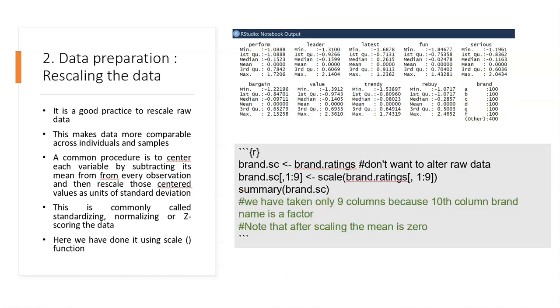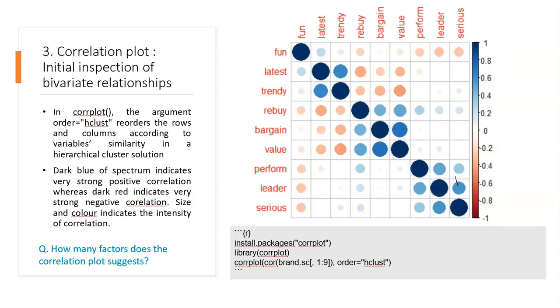Next is the correlation plot. Like I mentioned, principal component analysis does dimension reduction by looking for variables which are highly correlated. So it's wise to run a correlation plot and have this initial inspection of bivariate relationships.